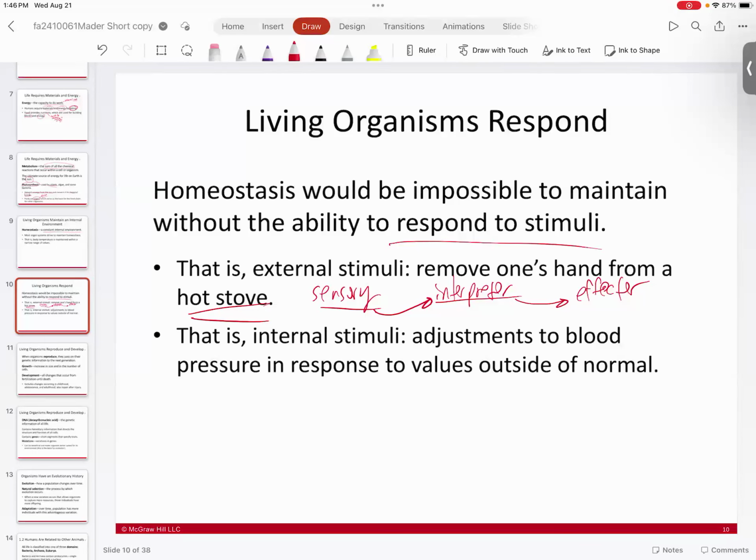That's critical. So external stimuli is stuff that's happening to us from outside. You also have internal stimuli. This is basically adjustments that you're making right now that you're not even aware of, right? For instance, you're making constant adjustments to things like blood pressure, because throughout the day your blood pressure is constantly peaking, troughing, peaking, troughing.